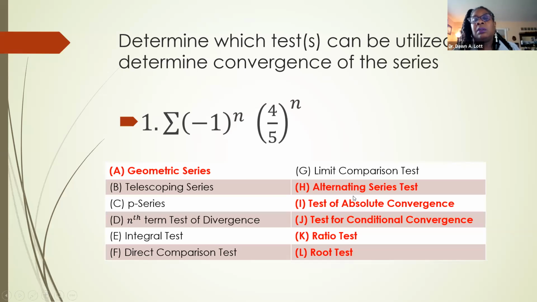Okay. So you get 2 points for whatever you put down, but you get minus a half a point for everything you forgot. And you lose a whole point if you wrote telescoping, P-series, nth-term test, integral test, direct comparison, or limit. Okay, Prentice, so if I only got 2 of them, that means I basically just lose all the points I got.